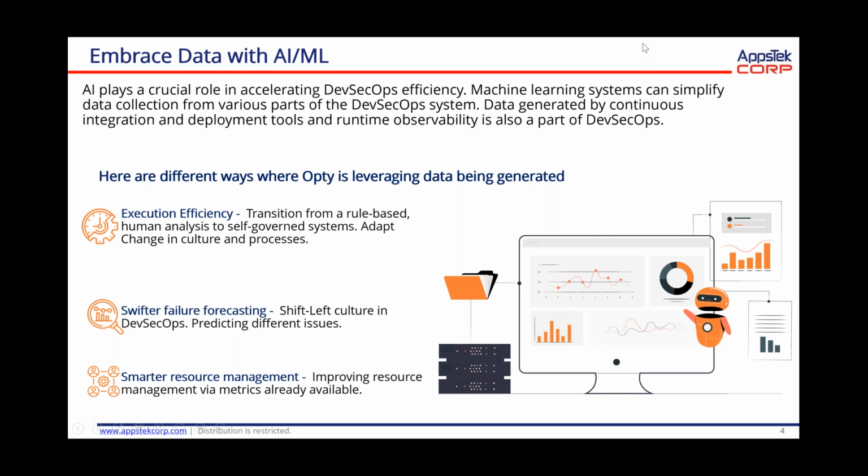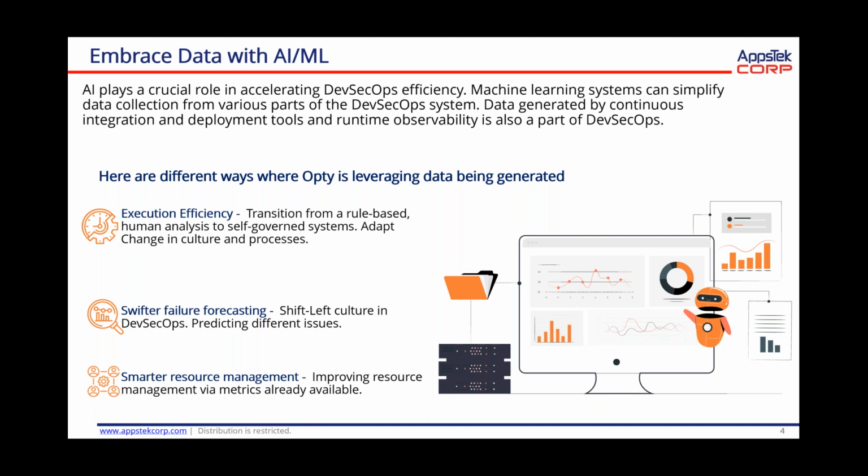What AI is doing here is, with large volumes of data being generated across DevSecOps, right from when you commit your code all the way to deployment, across development, security, and operations, AI can actually analyze all this data and say, you don't have to depend on your rule-based systems, I can present you better options. So AI is transforming in terms of execution efficiency.